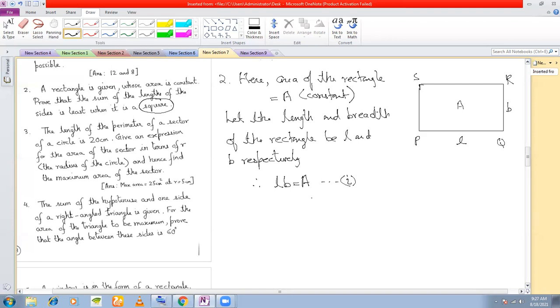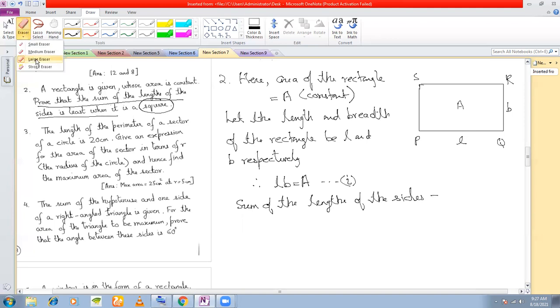Now, what is the variable that you need to work with? You need to find the sum of the lengths of the sides. That means perimeter. See here, prove that the sum of the lengths of the sides is least. So now we'll find out the sum of the lengths of the sides.